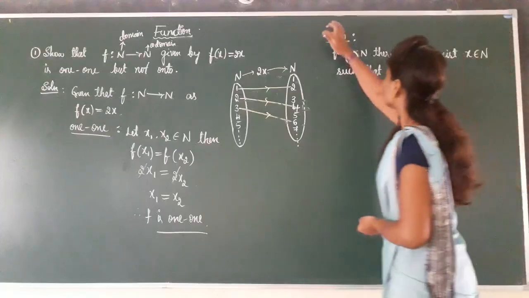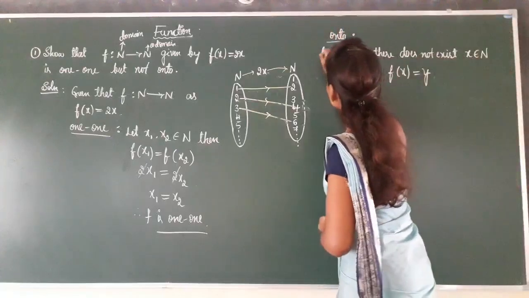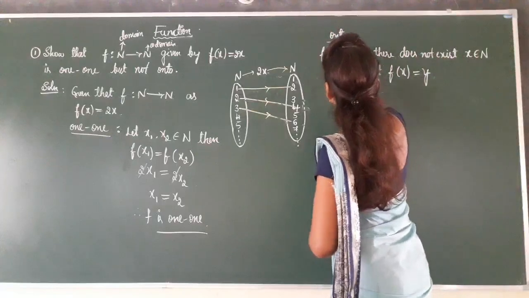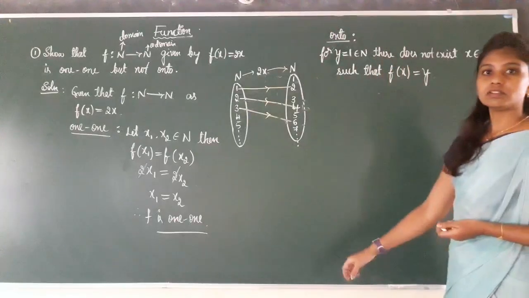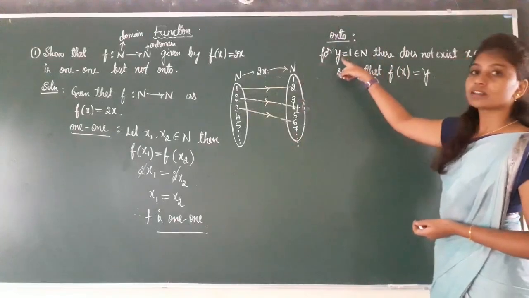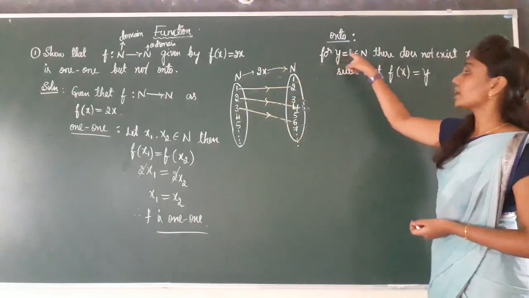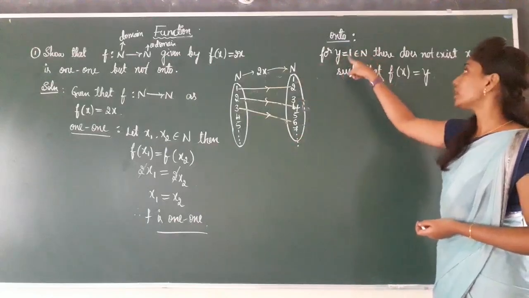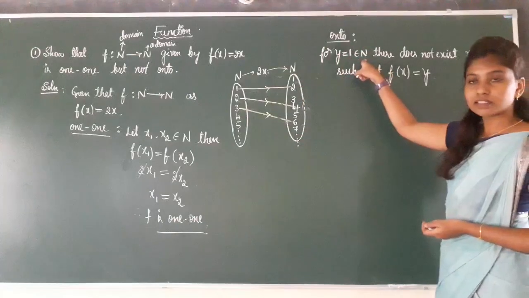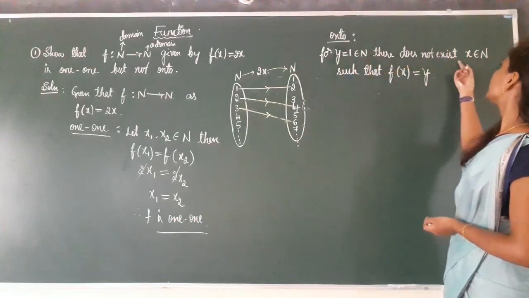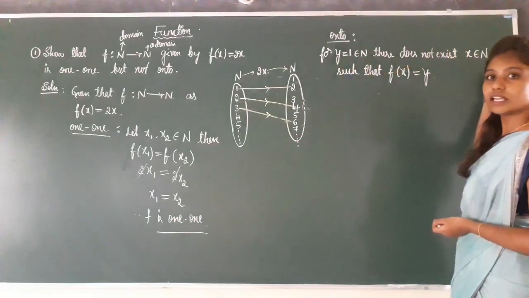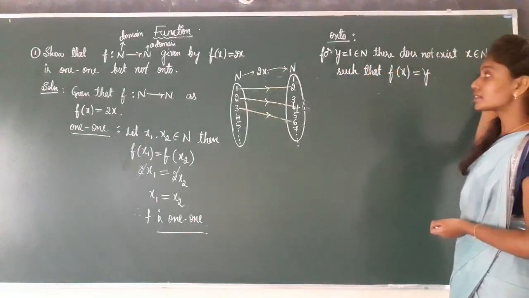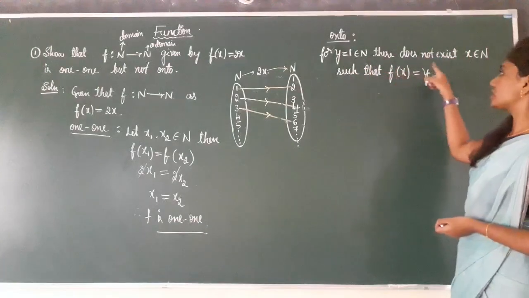Here, first we have to take y is equal to 1. So the element y as 1 belongs to the codomain set. There does not exist any x belongs to the domain set such that f of x is equal to 1.